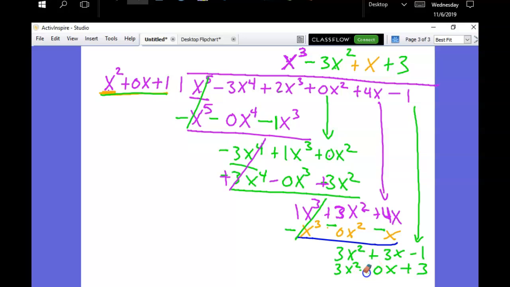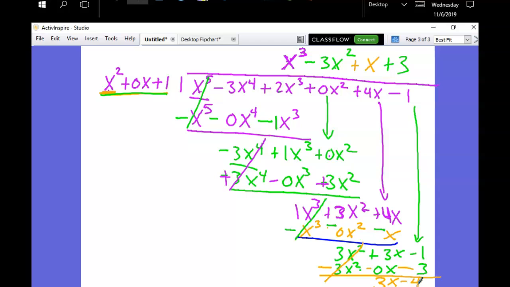Guess we don't really need the pluses because we're going to go through and subtract anyway. So that's going to be minus, minus, minus, minus. This goes away, and I'm left with 3x minus 4 as my remainder there.